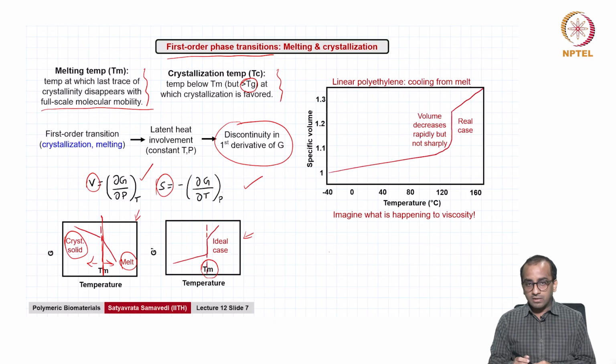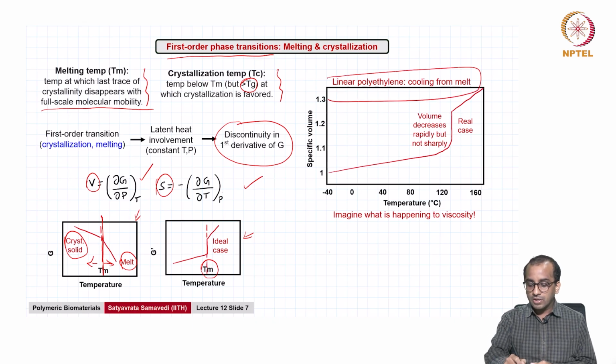Now contrast that with the real case, for example as shown here, which is linear polyethylene. You are cooling it from the melt. So you have the melt here and you are cooling it continuously, and what you see here is, while there is a change as the temperature decreases, there is a decrease in volume.